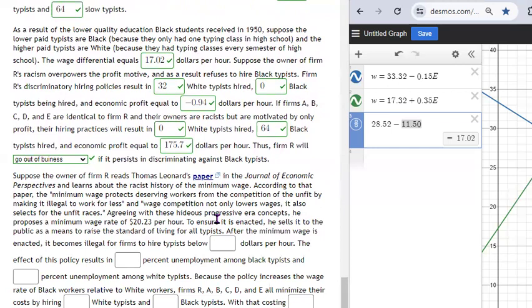According to Thomas Leonard's research, quote, minimum wage protects deserving workers from the competition of the unfit by making it illegal to work for less, end quote, and quote, wage competition not only lowers wages, it also selects for the unfit races. Now, Thomas Leonard is pointing out the racist history of the minimum wage.